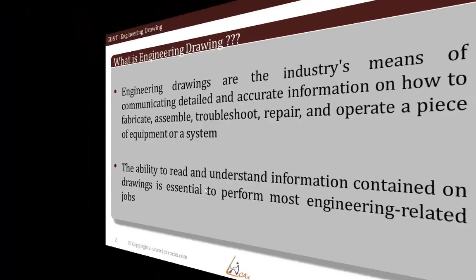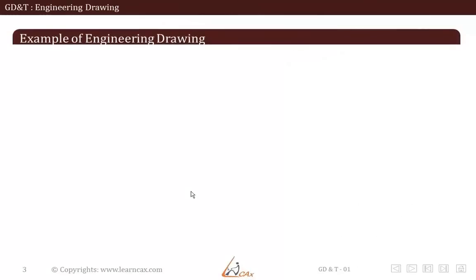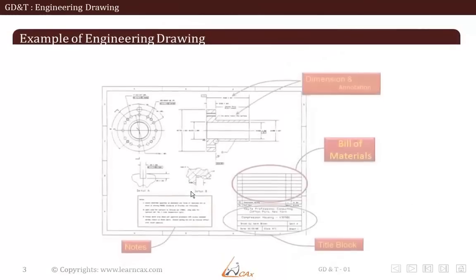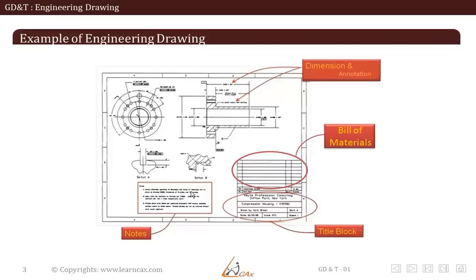Now proceeding ahead, let us see an example of an engineering drawing. A very generic engineering drawing would contain a title block at the bottom right corner of the sheet. Above it will contain the bill of materials.